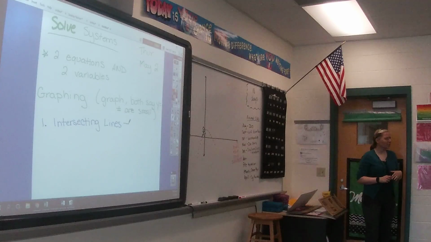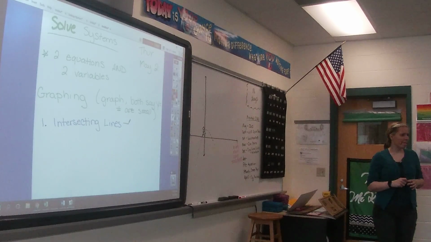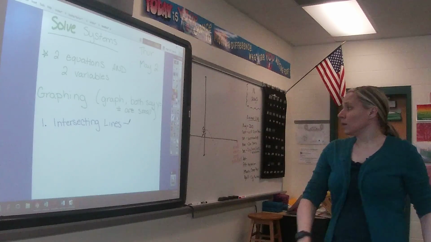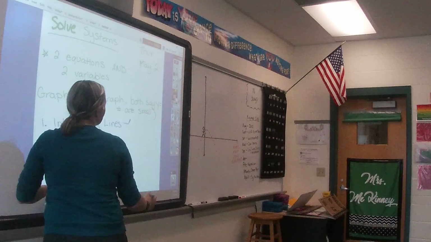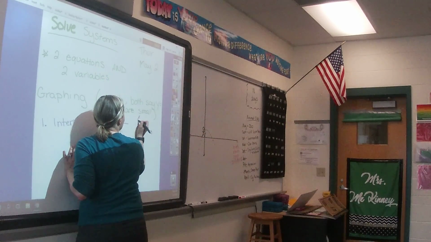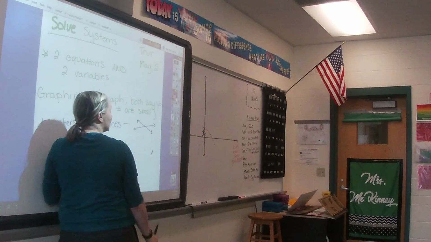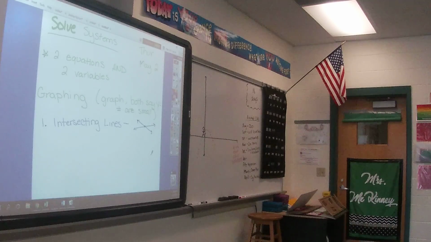What does the word intersecting mean? It goes through another line. Lines that cross. So if we're getting intersecting lines, that means we're getting lines that look in some way, shape, or form like this. They have this point that they intersect.